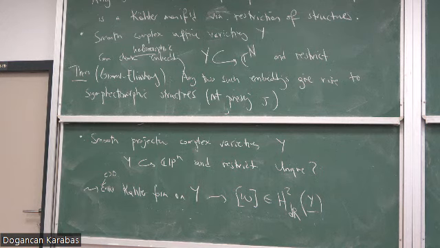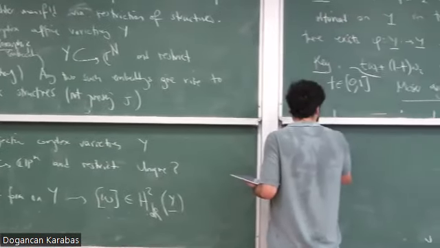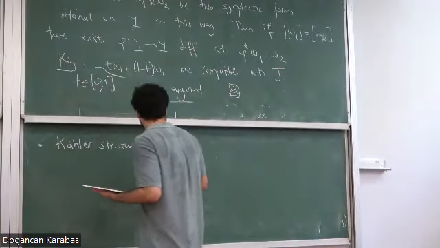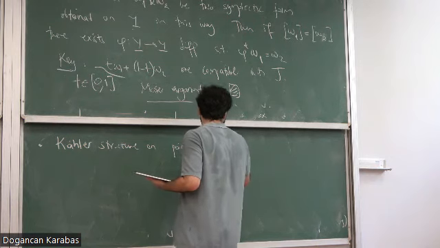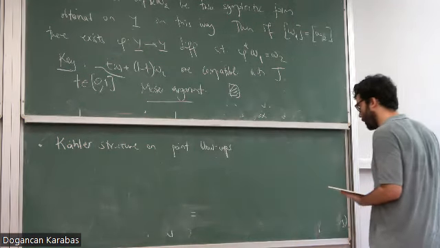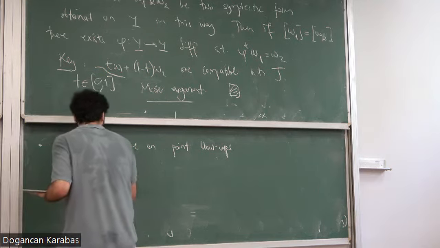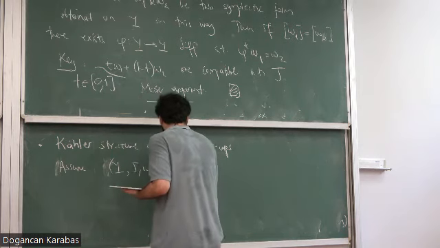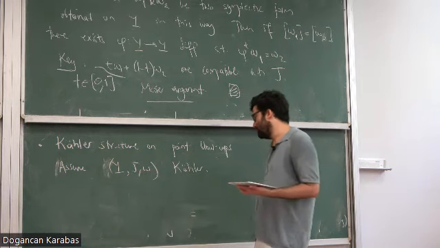So now some more examples: Kähler structures on point blowups. You can think about it as a complex manifold with a Hermitian structure.